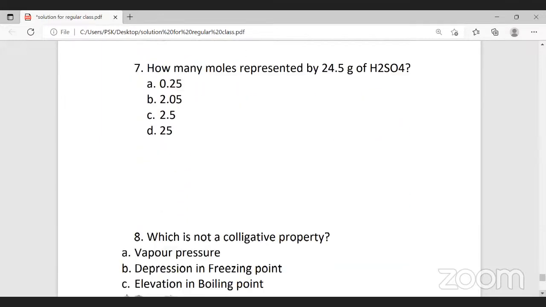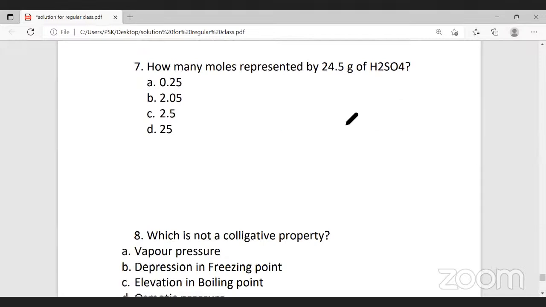Next, how many moles are represented by 24.5 grams of sulfuric acid? Sulfuric acid is very simple. The molecular mass is 1 into 2 plus 32, the atomic mass of sulfur, plus oxygen 16 into 4. So totally it will be 98. 98 is the molecular mass of sulfuric acid.